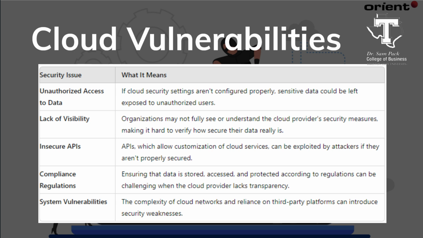While APIs are crucial for customizing cloud services, they can also be exploited by threat actors if they are not properly secured. Compliance regulations. Ensuring compliance is challenging in the cloud due to difficulties in tracking data location, access, and protection. System vulnerabilities. The complexity of cloud infrastructures and multiple third-party platforms can lead to increased system vulnerabilities.